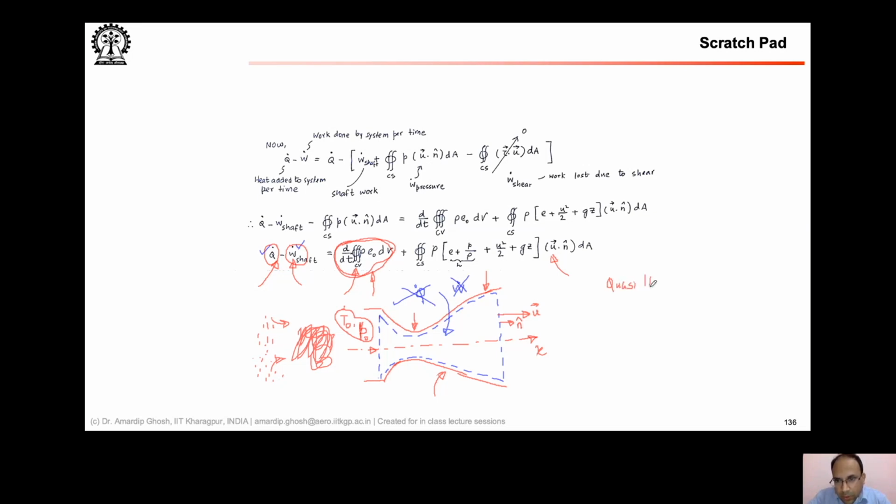Quasi 1D. So although it is not 1D, here, for example, your velocity is like this, but here your velocity has a small component, because if the velocity is in the direction of the wall of the nozzle, it has some component in the y direction, but we neglect that component, saying that it is small compared to the x component. Of course, this picture is not correct, because here, at least in this picture, the y component is comparable with the x component.